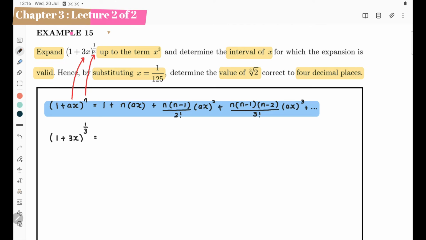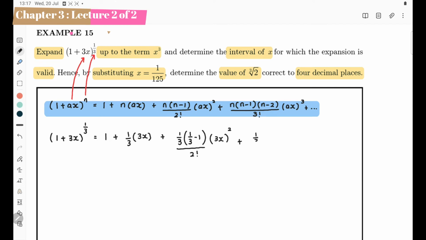By substituting these two values into the formula, we get the expansion 1 plus 1 over 3 times 3x plus (1/3)(1/3 minus 1) divided by 2 factorial times (3x)^2.